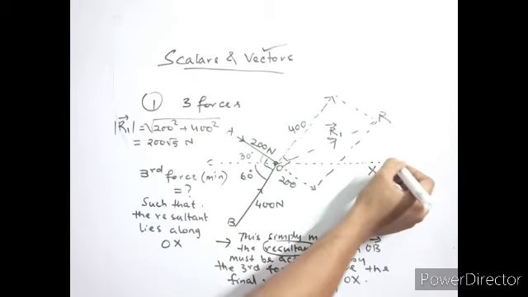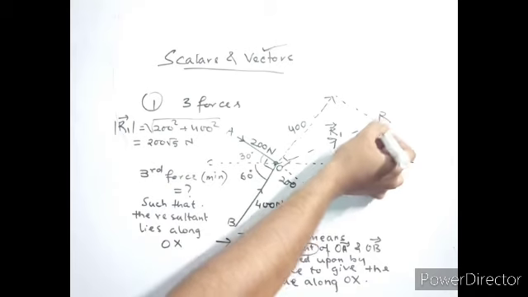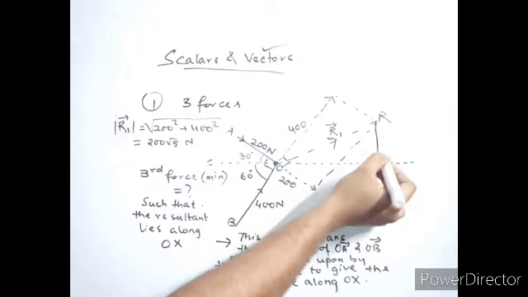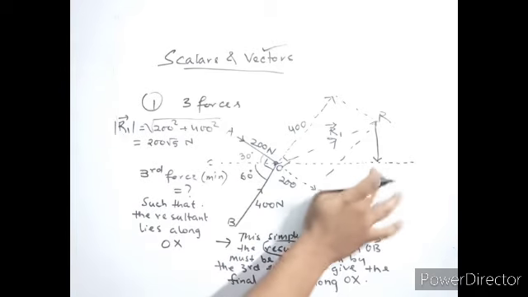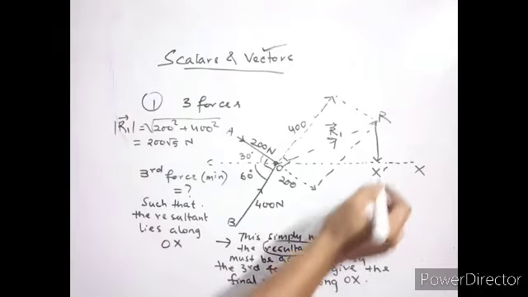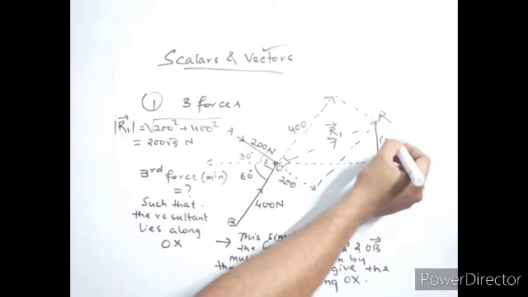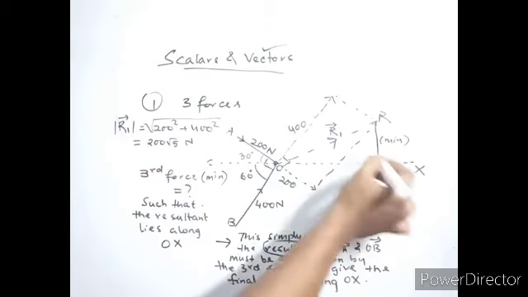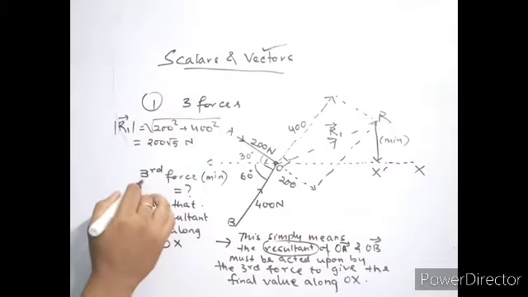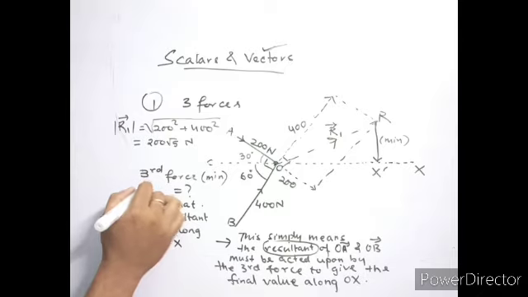Now this resultant will obviously be making a certain angle. Now the third force, in order to be minimum, has to be along a straight line. Okay, and it drops on the OX direction at the point X prime. The minimum value can be obtained by a straight line, not any other line.